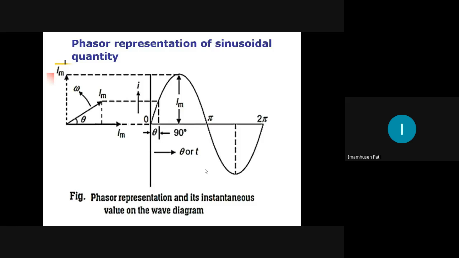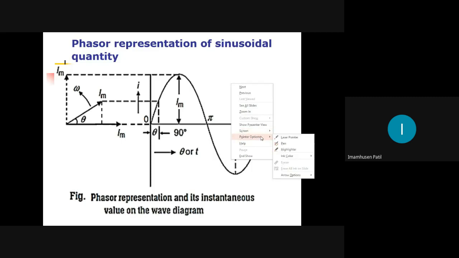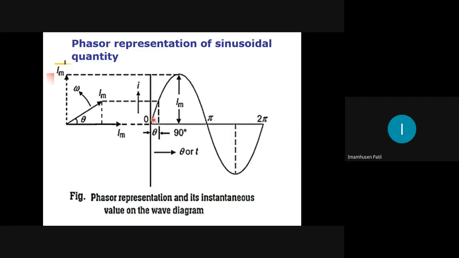Today we'll study the phasor representation of a sinusoidal quantity. Now you can see this is the sine wave. It is very difficult to do quantitative analysis using a sine wave.